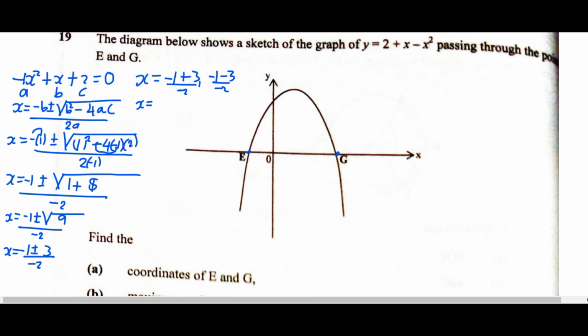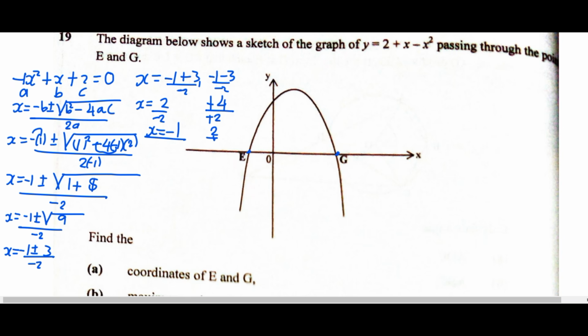Negative 1 plus 3 is 2 over negative 2, so the first value of x is equal to negative 1. Then negative 1 minus 3 is negative 4 over negative 2, which gives us positive 2.